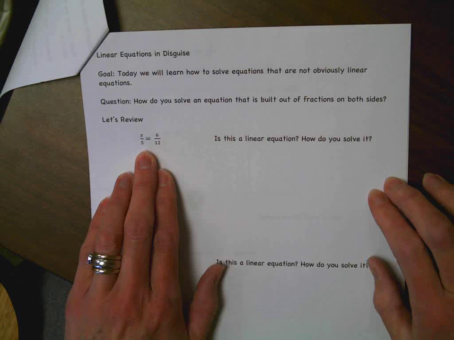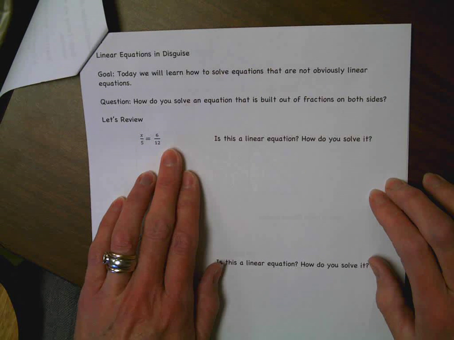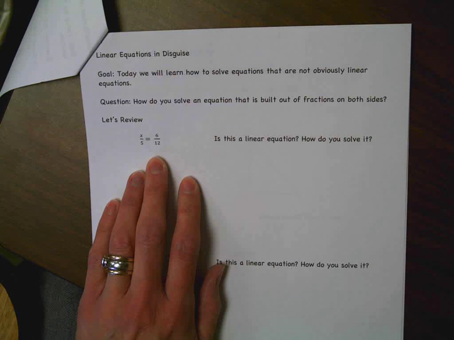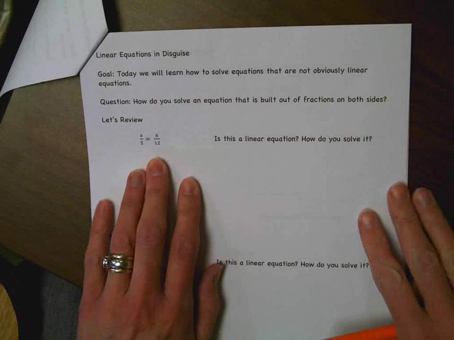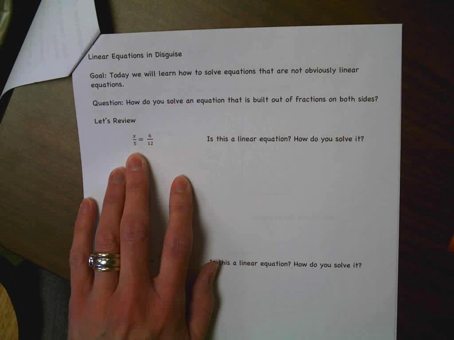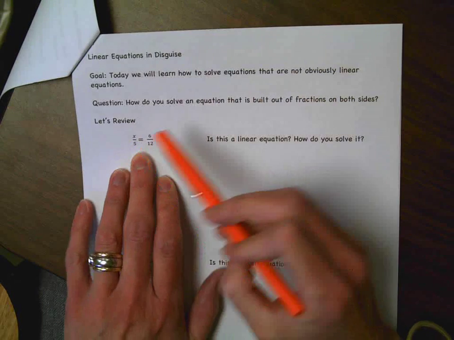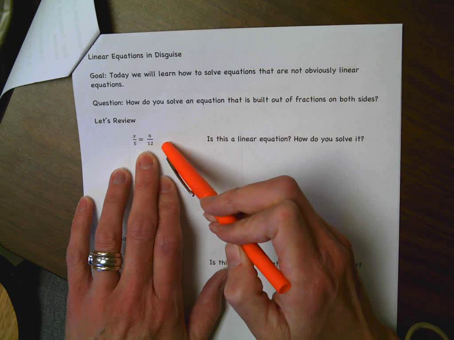This equation, and we know it's an equation because we have an expression that is supposed to equal another expression over here. A lot of you, when you see this problem, look at it as an equivalent fraction situation, and you may be thinking, I have no idea what divided by 5 would be equal to 6 divided by 12.